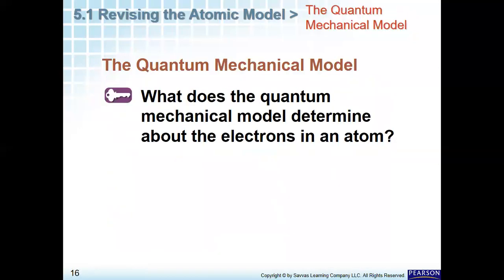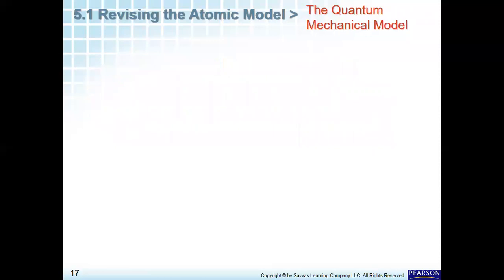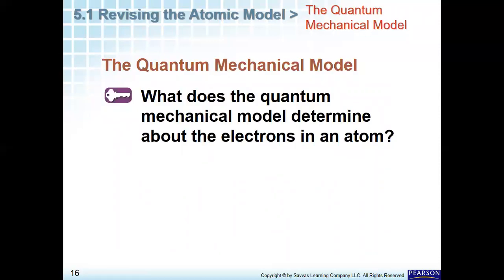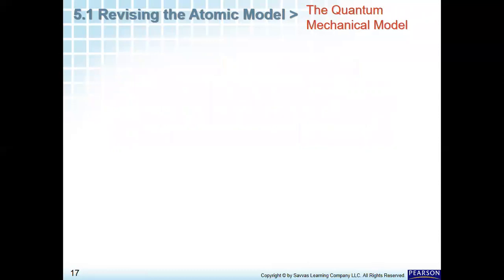So we'll get to the quantum mechanical model, and that's another one. We are going to compare between it and Bohr's. It upgrades our knowledge more and more about the electrons and how they behave inside the atom itself. So what does the quantum mechanical model determine about the electrons in the atom?